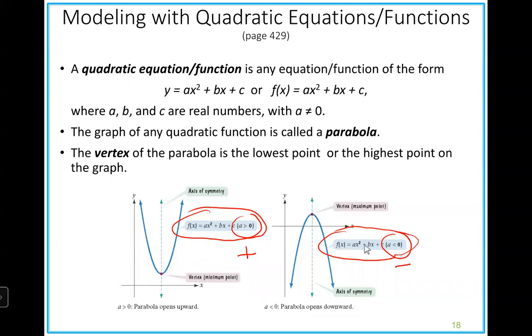Yeah. So the number in front of X squared determines whether the parabola opens up or the parabola opens down. So if the number in front of X squared is positive, it's going to open upwards. If the number in front of X squared is negative, then the parabola is going to open downwards.